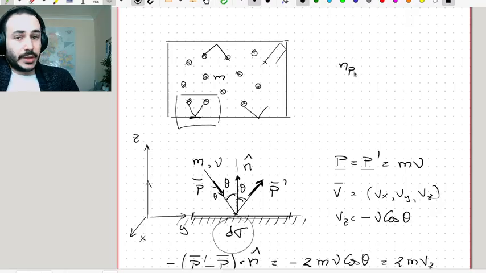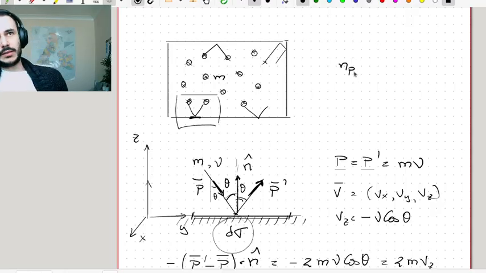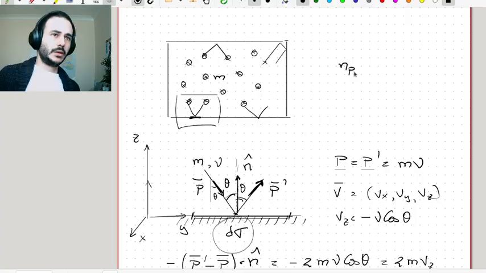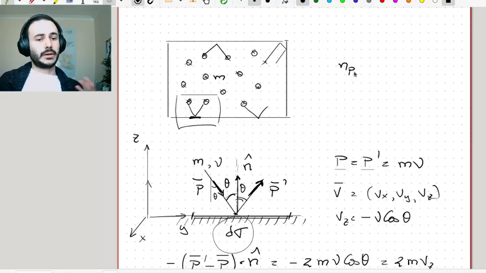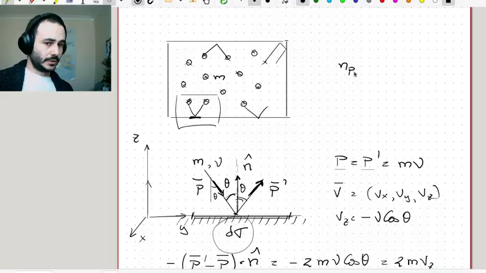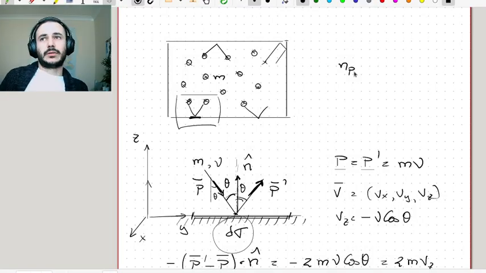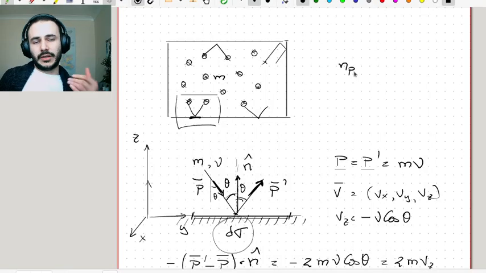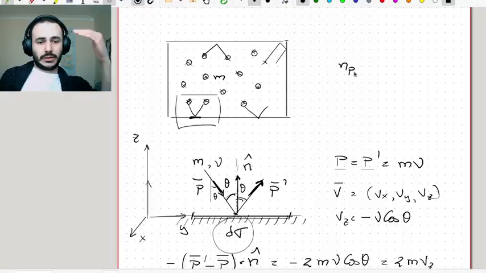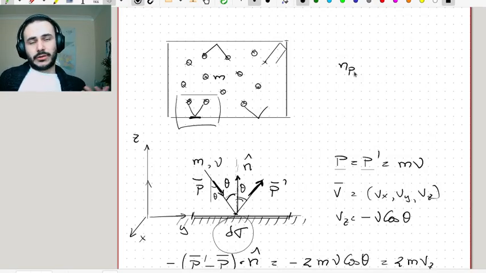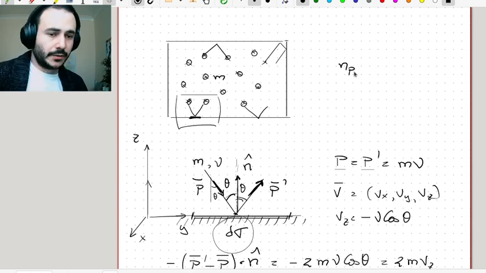Implicitly, if you want to be more subtle, you are assuming that there are no external fields applied to the system, because the system could be in a stationary state but have a gradient of density. This happens, for instance, with a gravitational potential when your system is large and massive enough that you can see the effect of gravity, or if there are external magnetic or electric fields. We are going to assume this is not the case.